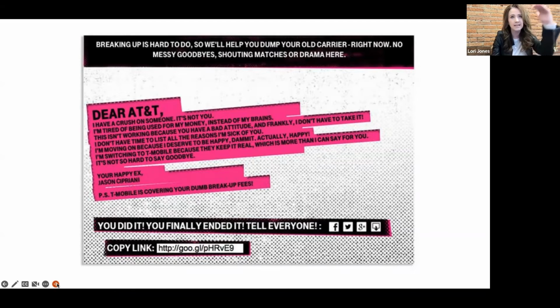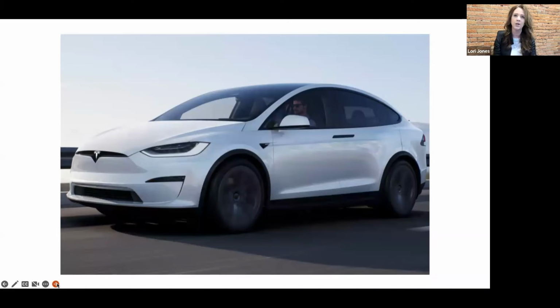So this has several layers of differentiation from product, from look and feel, from messaging, from going directly after the competitor, which are all considerations when we're talking and positioning ourselves.